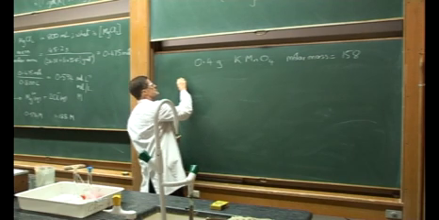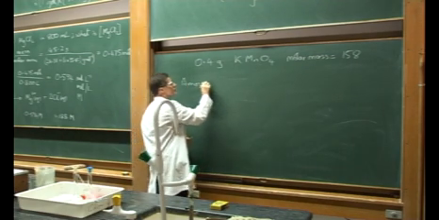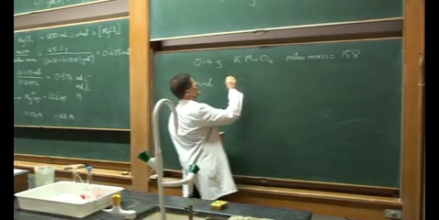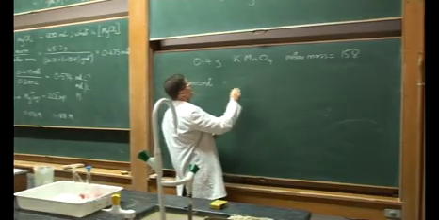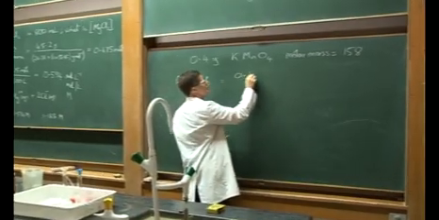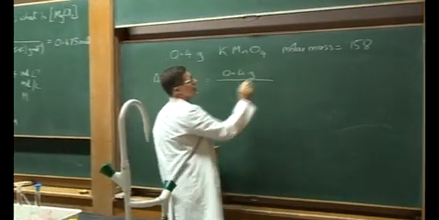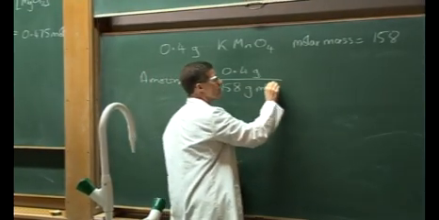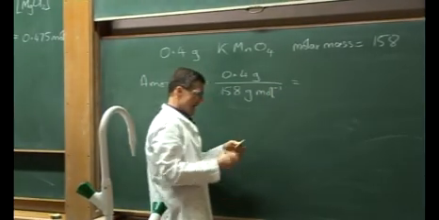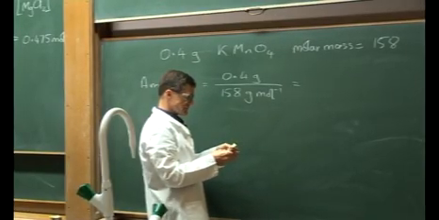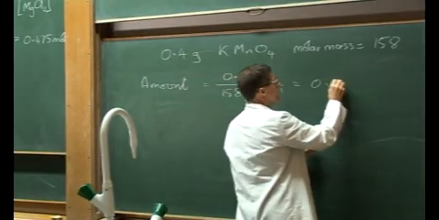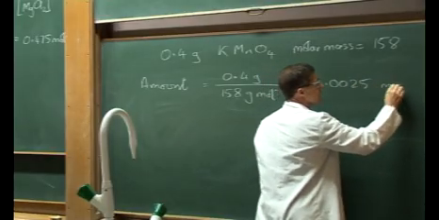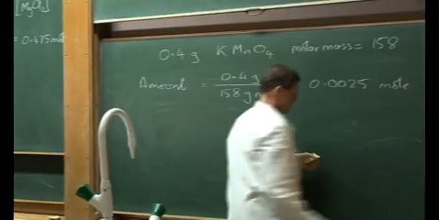The number of moles, the amount that I have in terms of the number of moles, is the mass divided by the molar mass, and that works out to be 0.0025 moles.